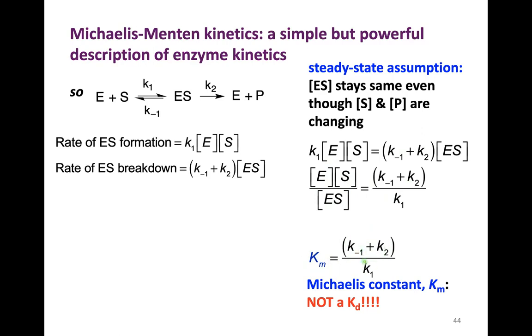This is not the equilibrium dissociation constant. It is not a KD. We are not at equilibrium. We are only at the steady state. The Michaelis constant is a parameter that is extremely useful, as we'll see in our discussions moving forward.